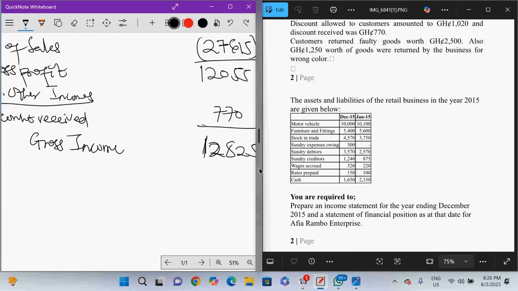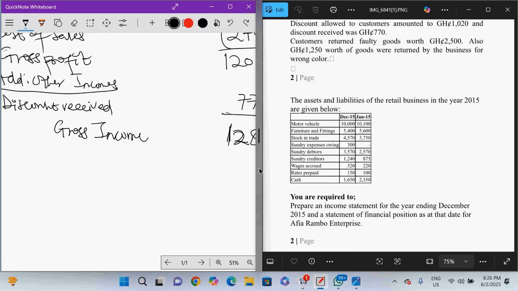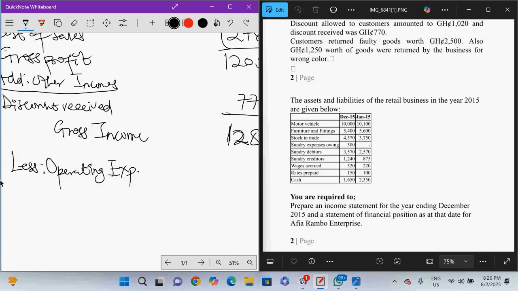Less expenses. We find the expenses, we less the operating expenses. What are the operating expenses?